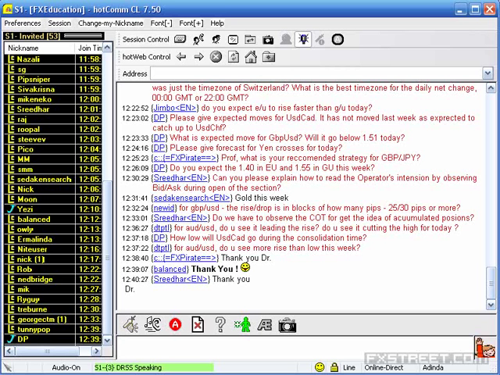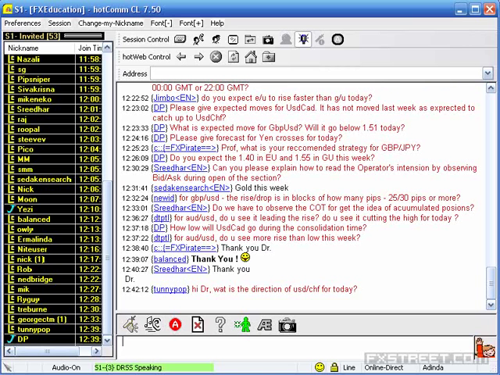Then for AUD USD, do you see it leading the rise? Do you see it cutting the high for today? Yeah, I am expecting it to go above that of the high. How low will USD CAD go during the consolidation time? Okay, probably another 5-10 pips lower, not more than that.